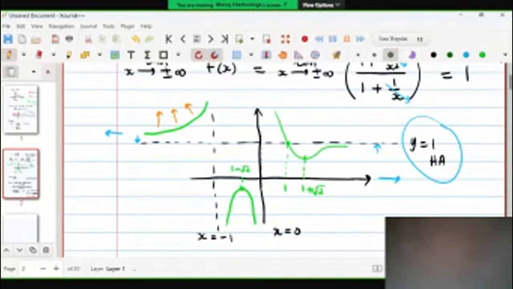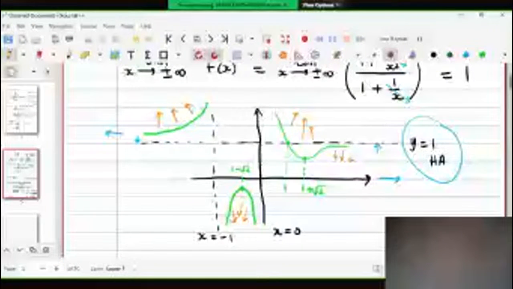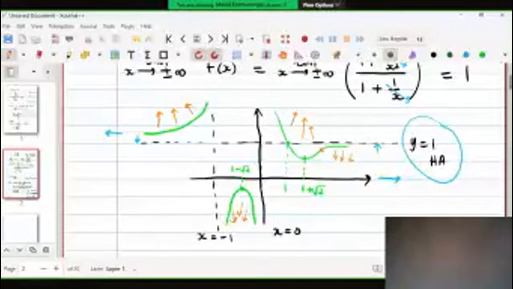It is concave up. In between -1 and 0, it is concave down. And after 0, again the function is concave up, and then it looks like it is concave down. So somewhere here we should have an inflection point, a 0 for the second derivative.